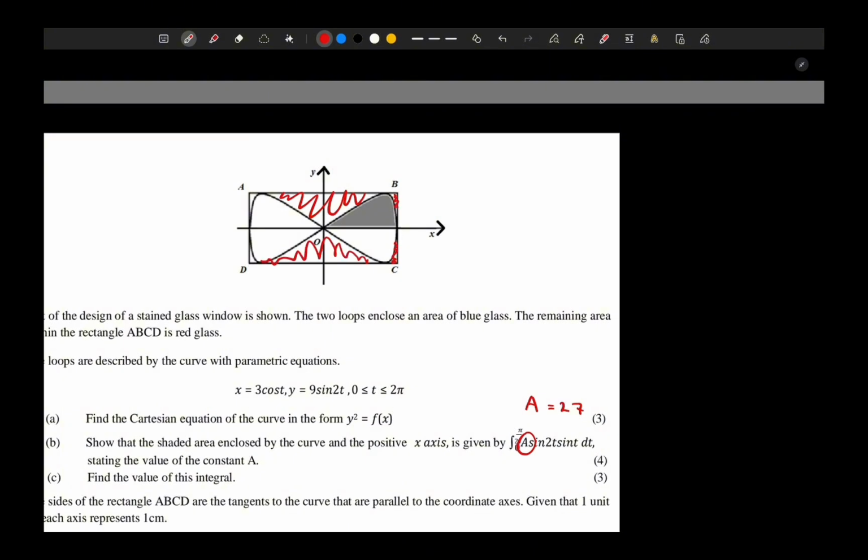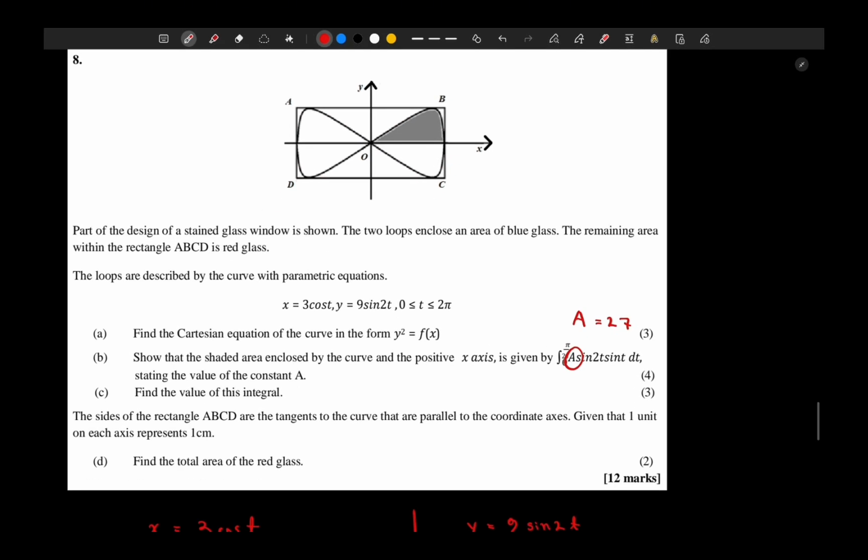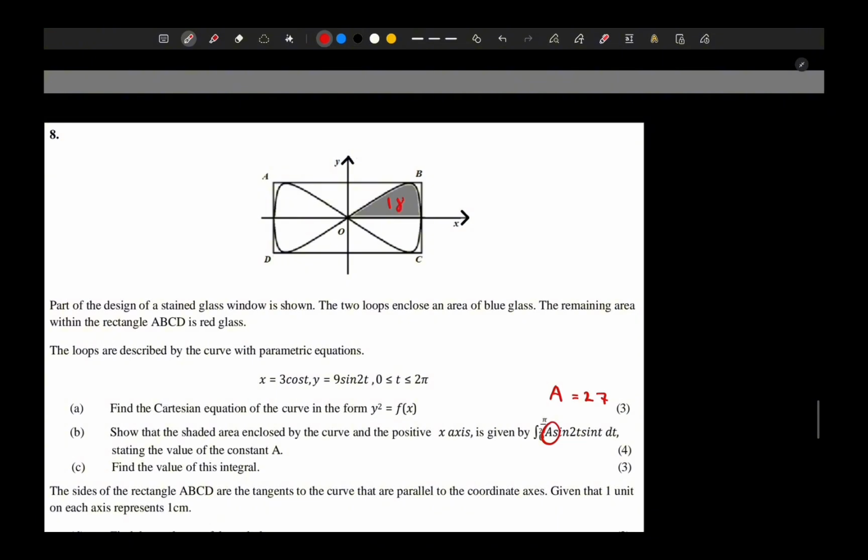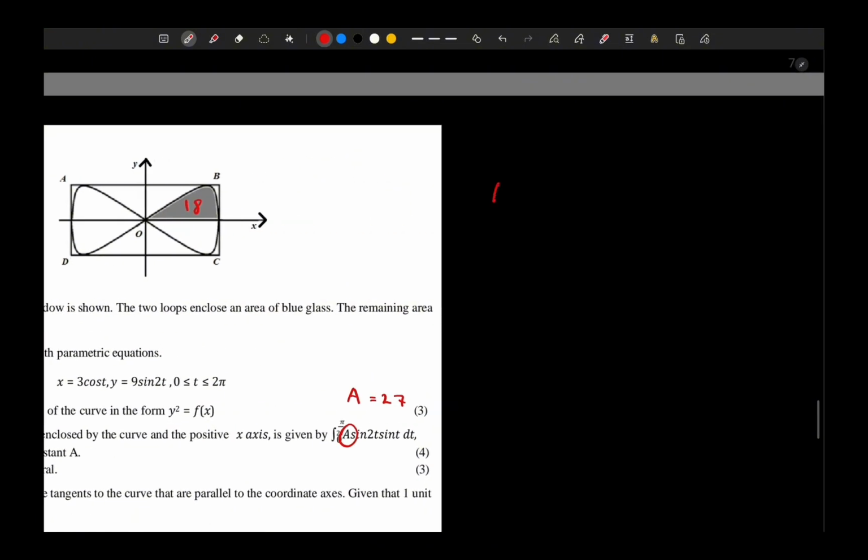So we need to find the area of this region. We know that one of these areas is 18. So the area of the blue glass is equal to 18 times 4. That is 72 centimeters squared.